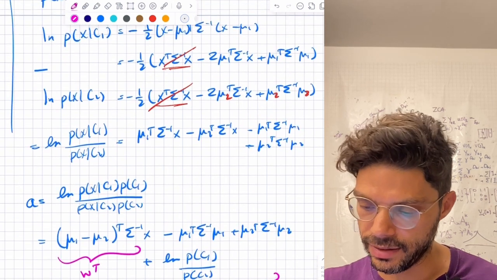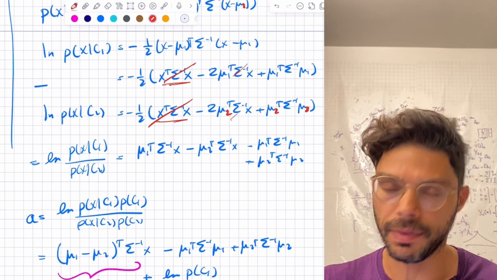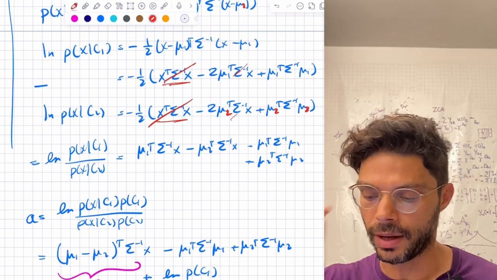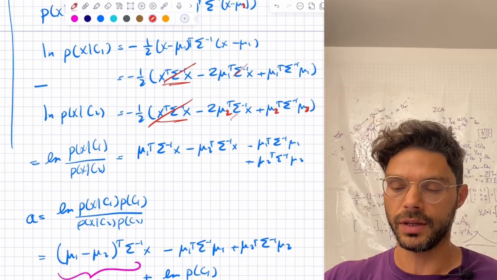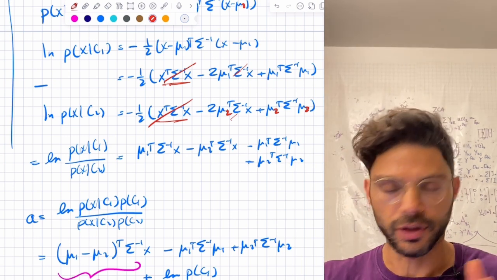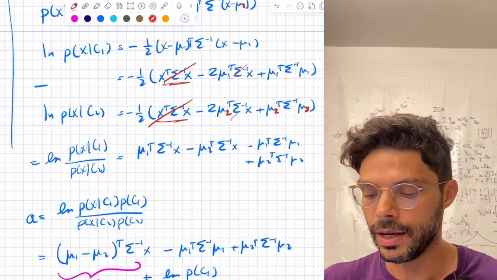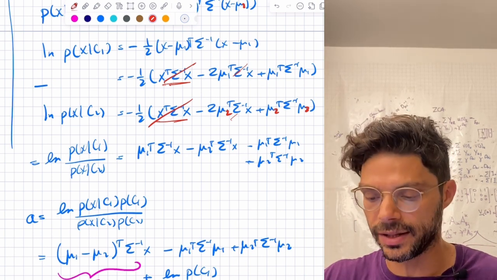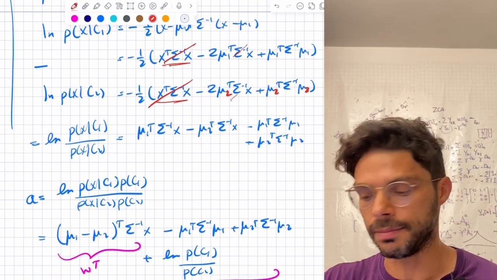And the key idea was that the sigma terms are the same and they cancel out. So these quadratic terms drop out. When they don't drop out, then you get these quadratic surfaces, so the shapes become curved, a bit more complicated. But the basic idea is simple. The algebra is exactly the same. You just don't get the cancellations, so you can't express things as simply.